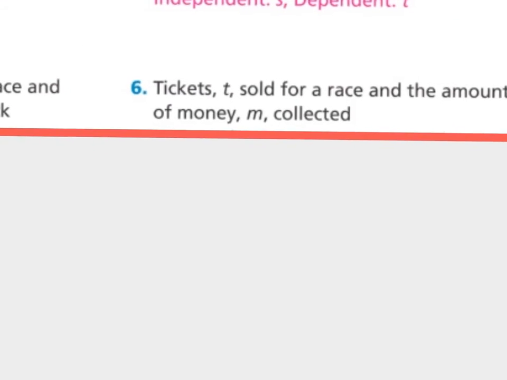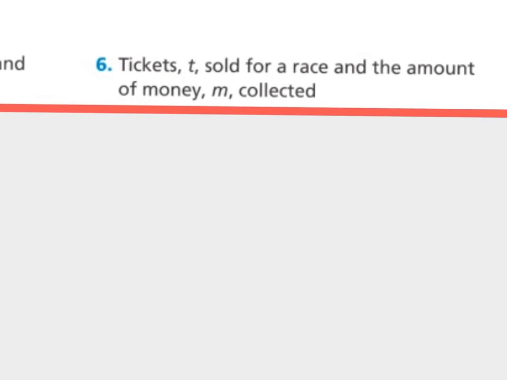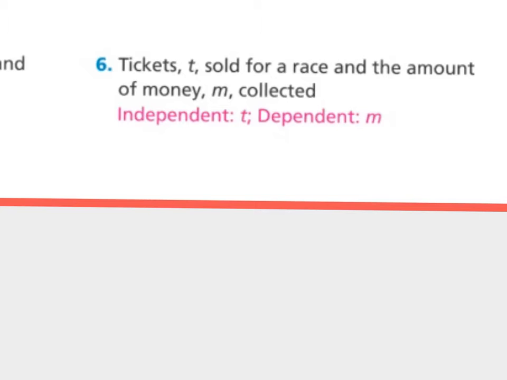Number 6, the tickets sold for each race and the amount of money collected. You'll have to sell the tickets before you can get the money, so dependent is going to be the money, independent is going to be the tickets sold. The money you collect depends on how many tickets you sold.